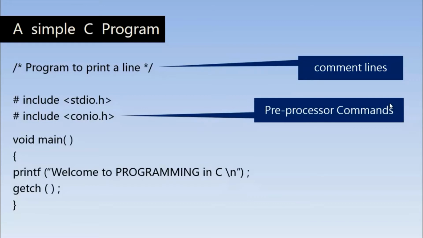And these two statements starting with hash symbols are called preprocessor commands. Normally preprocessor commands start with the symbol hash and the keyword include. Hash include is a common statement in all C programs. That is to include two header files here. These two statements are going to link to the two header files, that is stdio.h is one file. Stdio stands for standard input output.